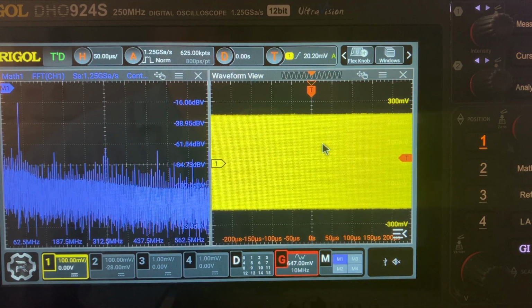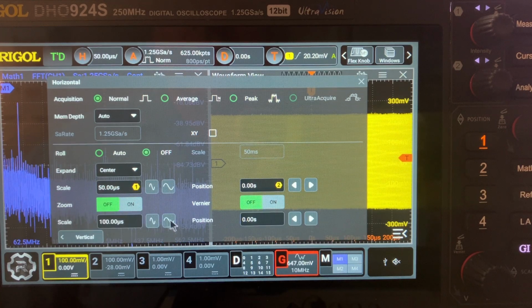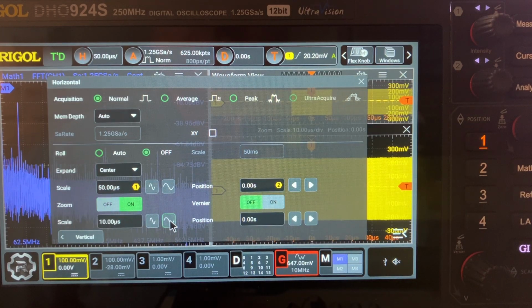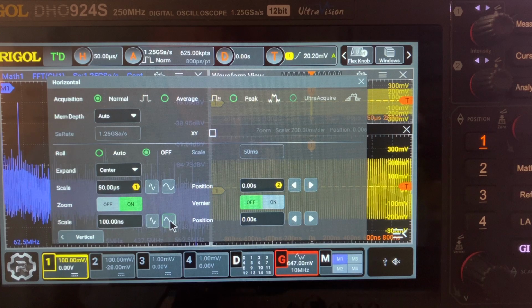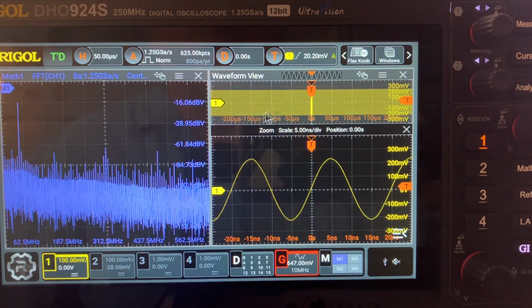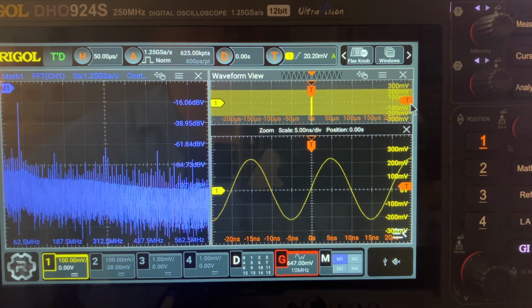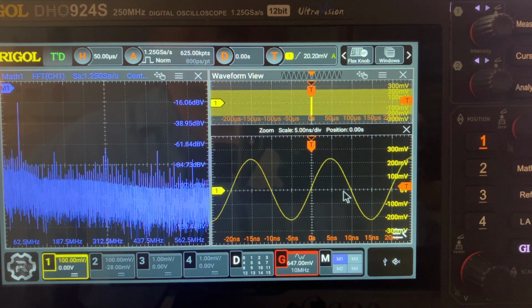It's over here, but if we activate the zoom, we could zoom on it. It's still the sine wave, but basically what you have is from the entire 50 microseconds; if you zoom on it, you get your sine wave, and you see it start to dance now.